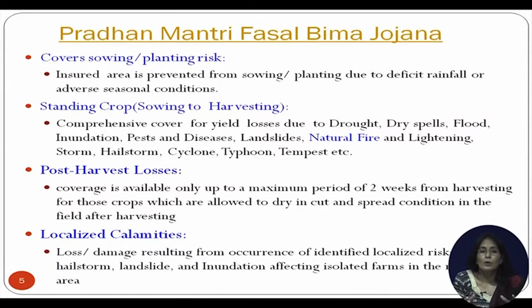Certain localized calamities, even at a very small place, are also covered under the Pradhan Mantri Fasal Bima Yojana. So crop insurance has been one of the interesting traditional avenues of price risk management for Indian farmers.